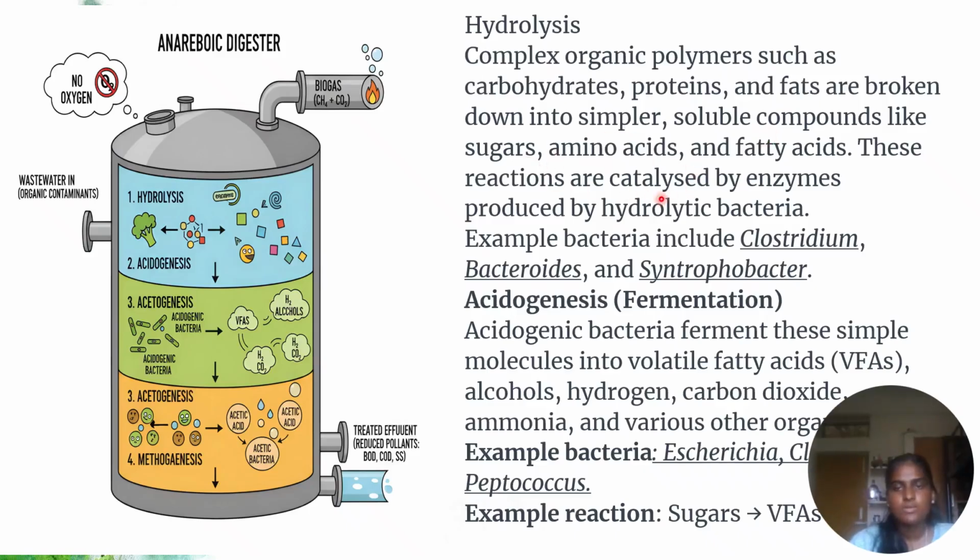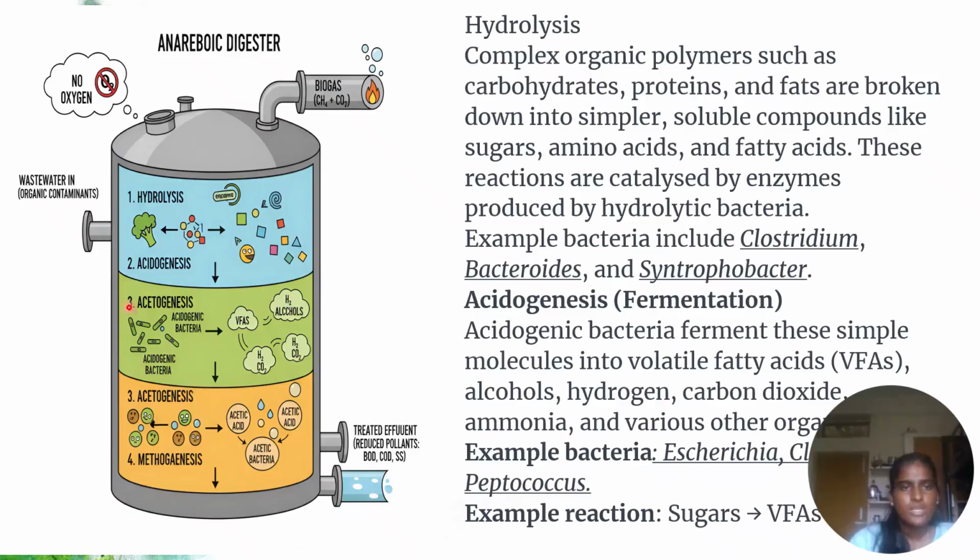With the help of hydrolytic bacteria, which produce enzymes, it helps to break them down. Then acidogenesis, the actual fermentation step, happens here. The simple sugars produced in the hydrolysis are converted into volatile fatty acids, alcohols, hydrogen, and carbon dioxide with the help of bacteria like Escherichia, Clostridium, and Streptococcus.